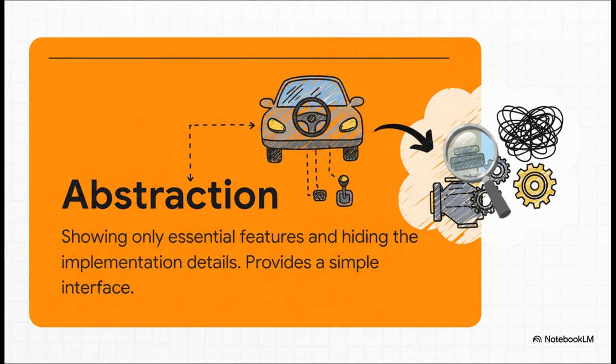When you get in a car to drive, you interact with a very simple interface: a steering wheel, some pedals, a gear shifter. You don't need to understand anything about the internal combustion engine, or the transmission, or the complex electronics to make the car go. All that incredible complexity is hidden from you. Abstraction in programming is exactly the same idea. We provide a simple interface for others to use, and we hide all the complicated guts that make it work.